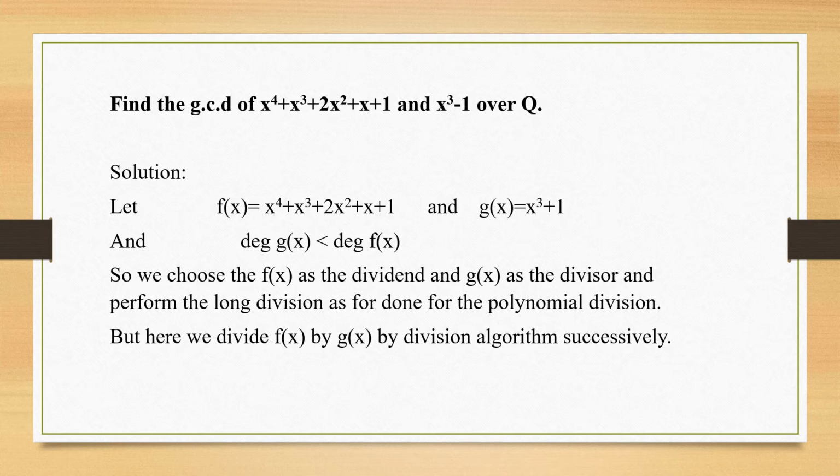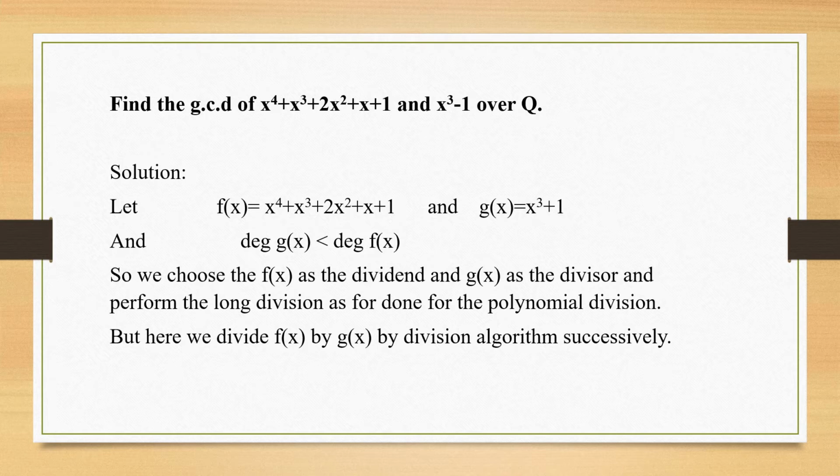Again, I am repeating: the remainder of the first division will become your divisor, and the original divisor you used for the first division will be called the dividend hereafter. Now I divide the dividend over the remainder, get a quotient, and again get a new remainder.